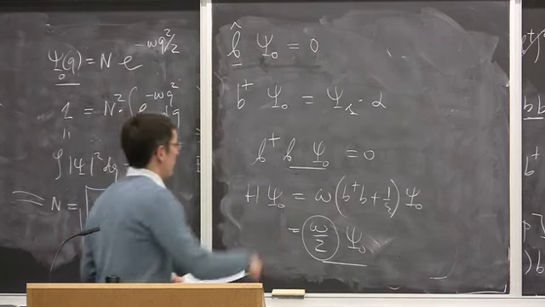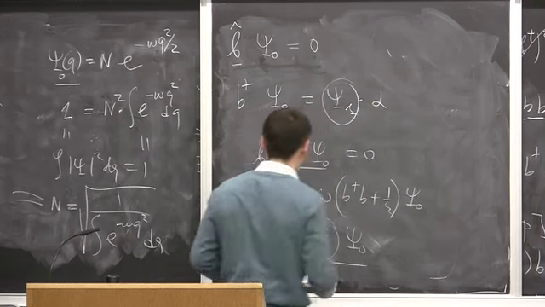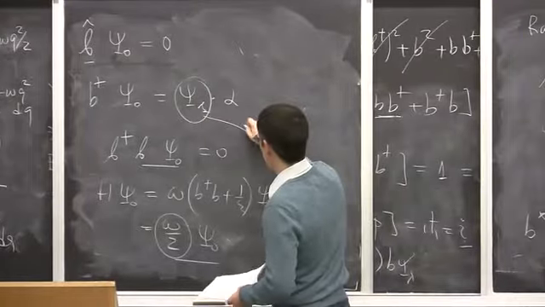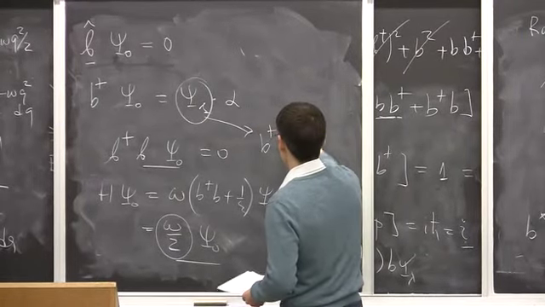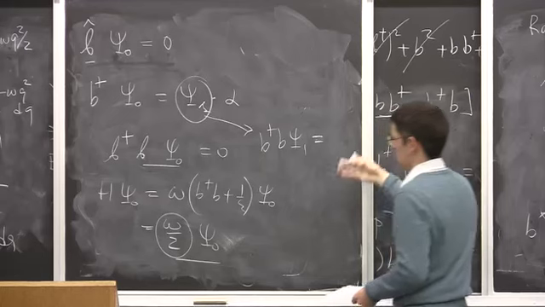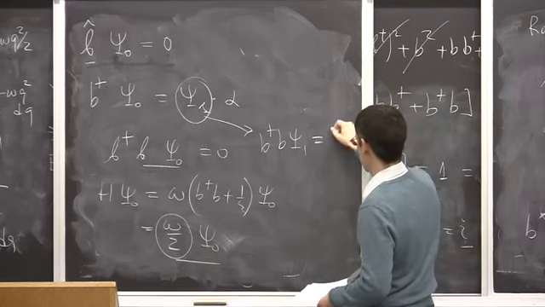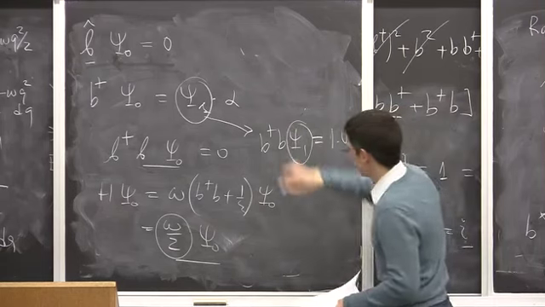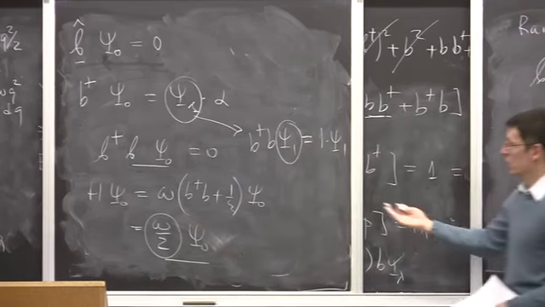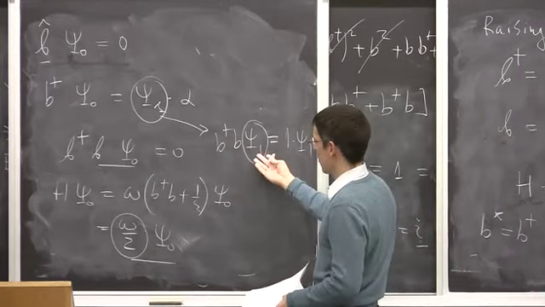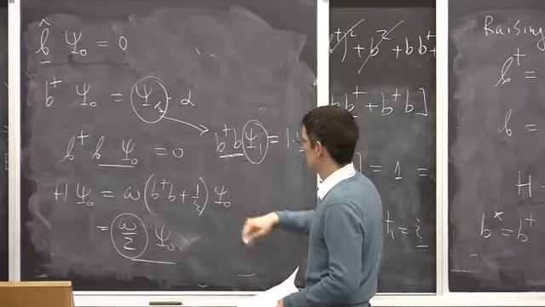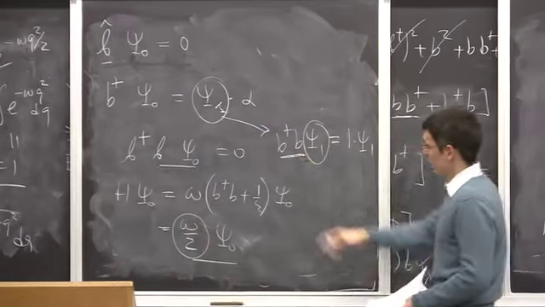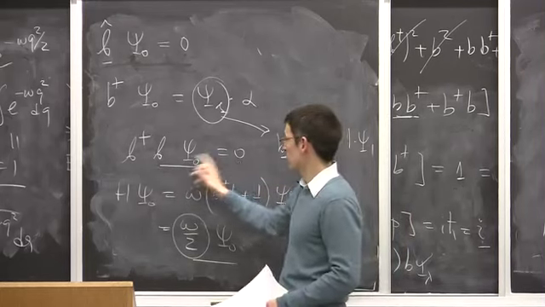Now, if we have psi 1, then by definition b dagger b acting on psi 1 is essentially 1 multiplied by psi 1, right? Because psi 1 we know should be a function that is raised by the raising operator from psi 0, and psi 0's eigenvalue is 0.